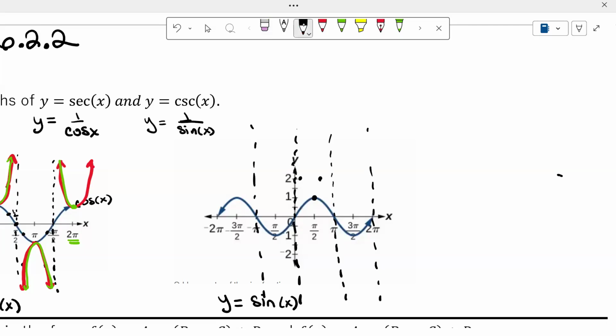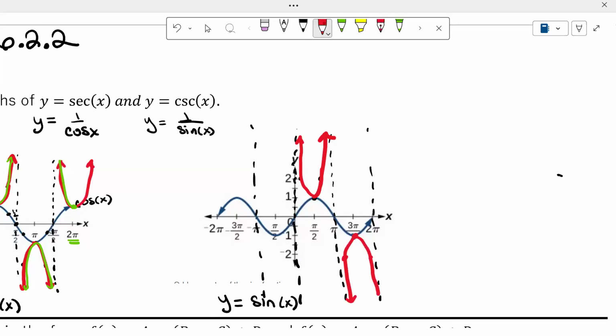What I have so far is this piece, but I'm not done yet, right? Reciprocate this -1, we'll get -1. Reciprocate -1/2, we'll get -2. Reciprocate -1/2, we'll get -2, right?